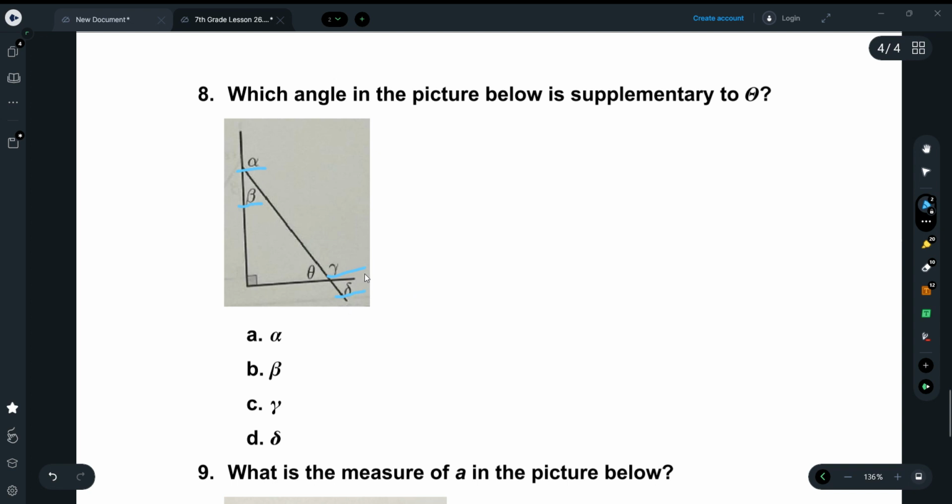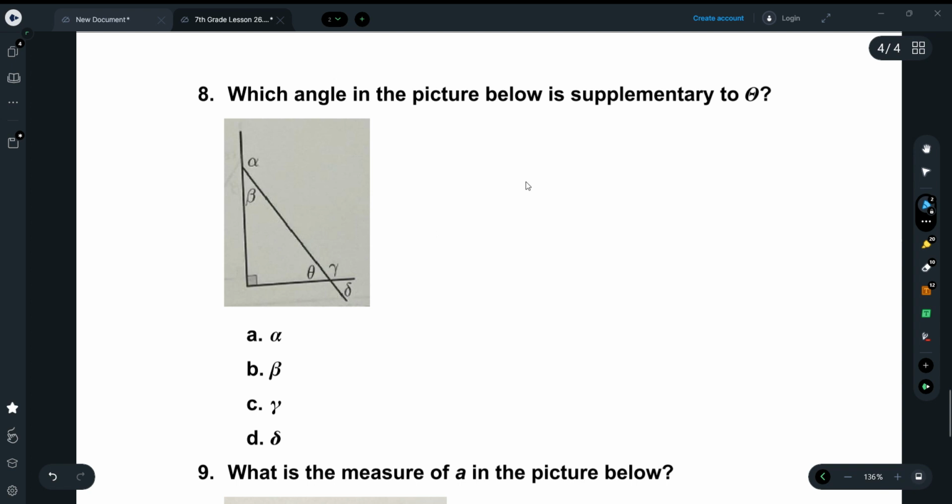These are Greek letters, that's why they look a little weird. It's alpha, beta, gamma, and delta, and that's theta. But that's not really necessary for this question.